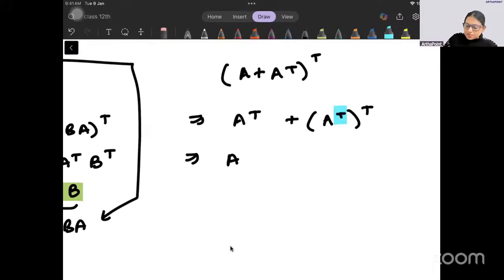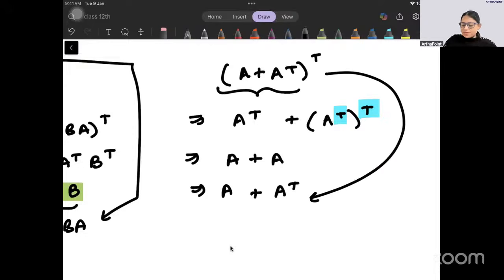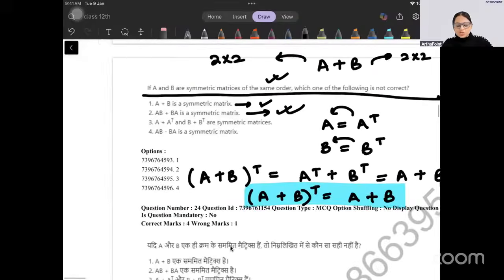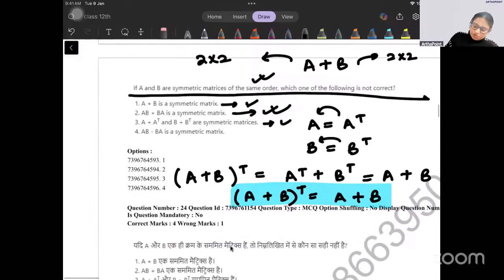And whenever we take the transpose of any matrix twice, we get the matrix itself, right? And we know that A is equal to A transpose. So this and this will give me the same answer. So this is also the correct statement. C is also correct. So D is the incorrect statement.